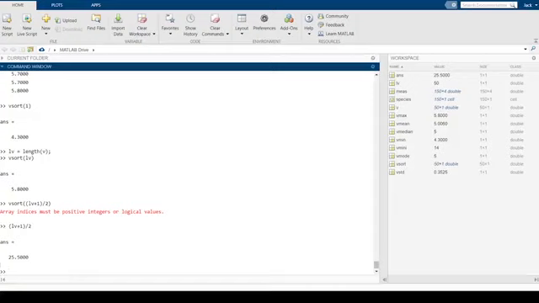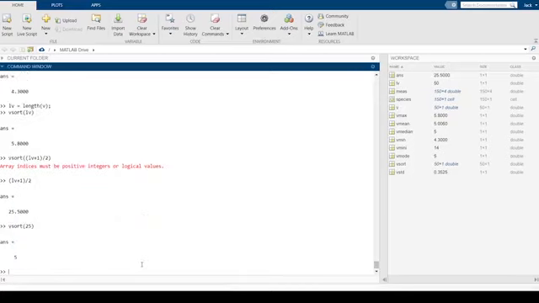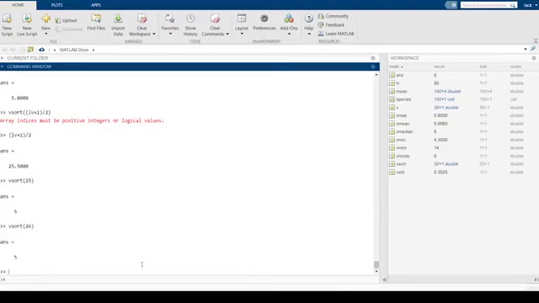When the length of the array is an even number, such as the length of V being 50, the median is the average of the two central entries at indices 25 and 26. Since both the entries at 25 and 26 have a value of 5, we see the median is 5.